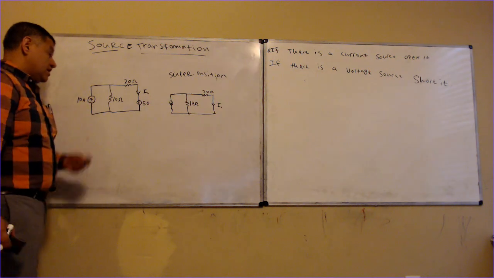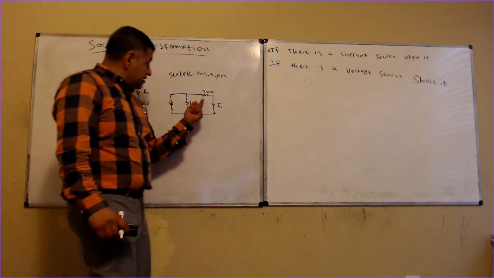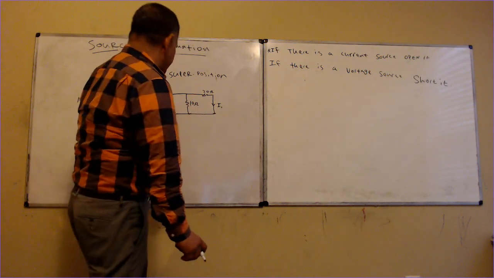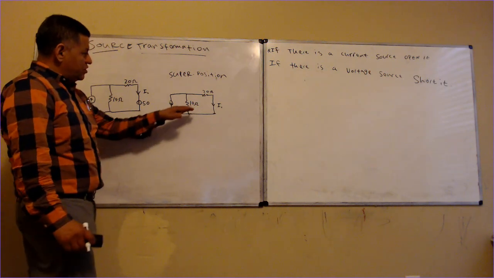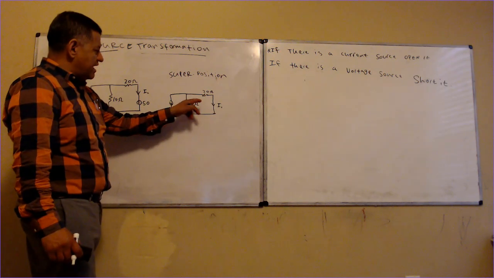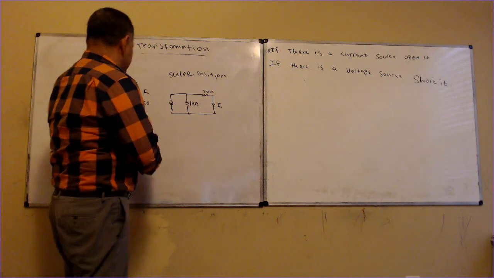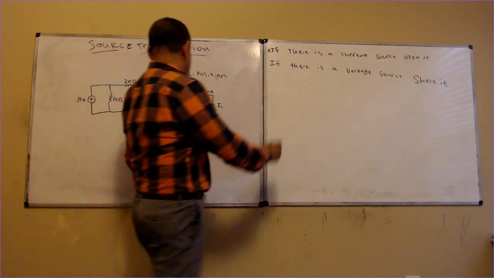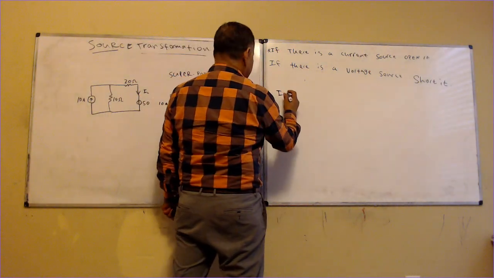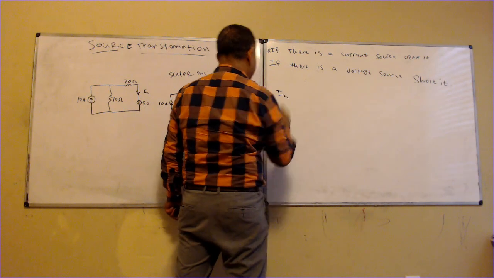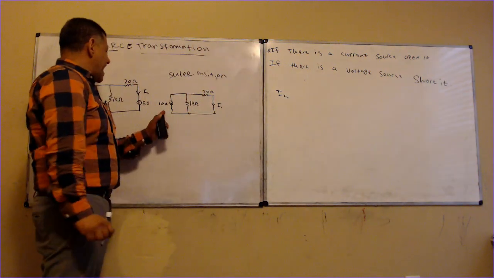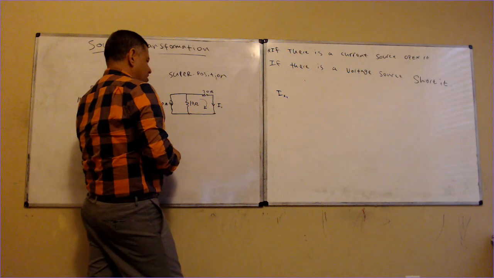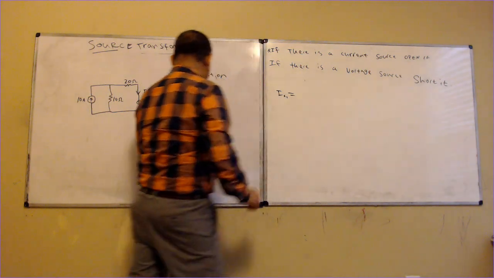Now I need to find the current going here. I can use the current divider rule to find out what is going on in this. So this is 10 amps, and you can call the current going here Ix1.